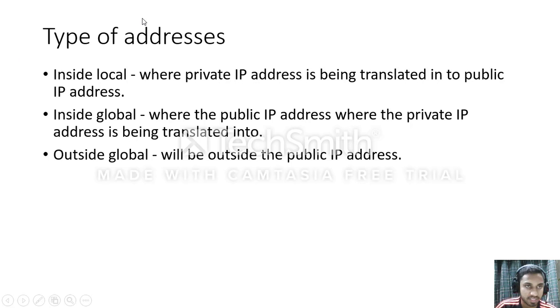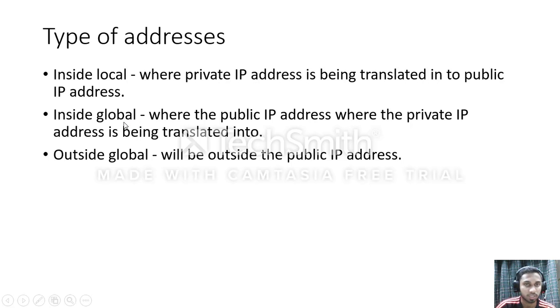So, types of addresses. We should know that inside local network area, the private IP address is being translated into public IP addresses. We must know this. Next is inside global IP address.